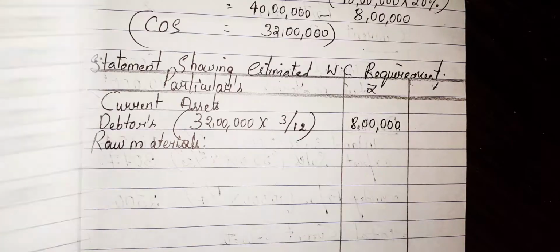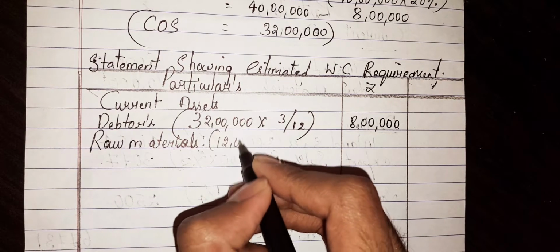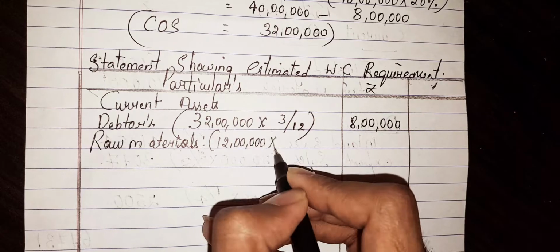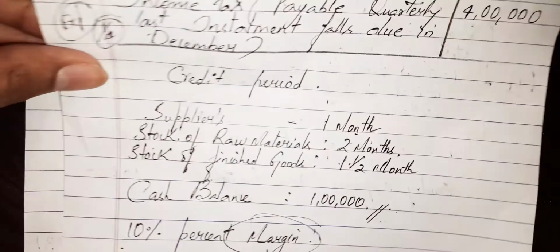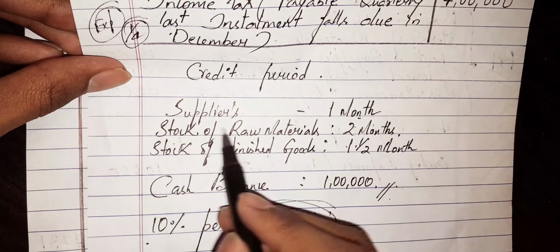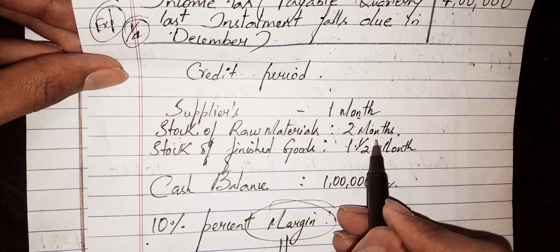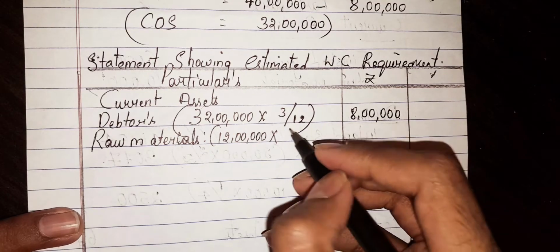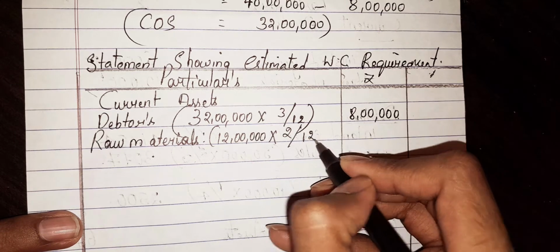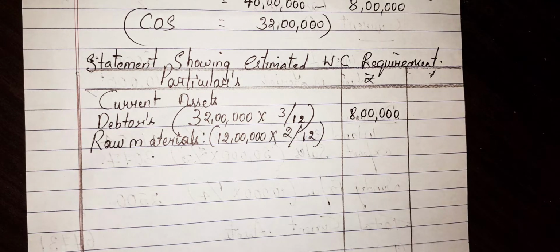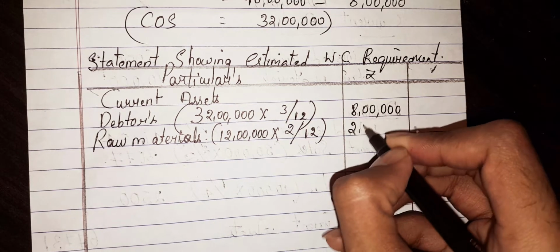It is 12 lakh rupees into, if you see the additional information they have given, stock of raw materials is 2 months. So we multiply into 2, divide by 12 months. So 12 lakh into 2 divided by 12 will be 2 lakh rupees.